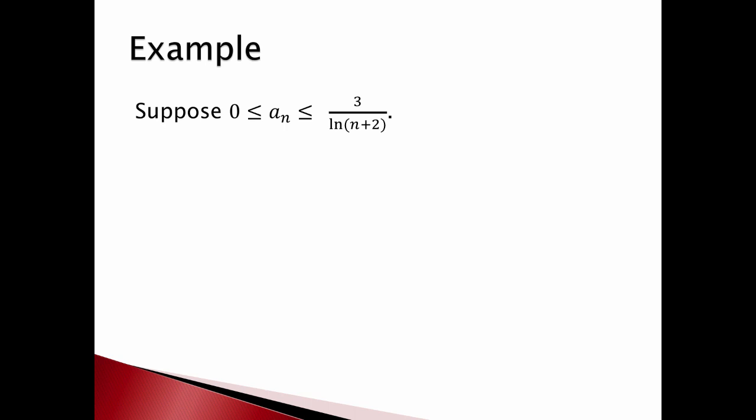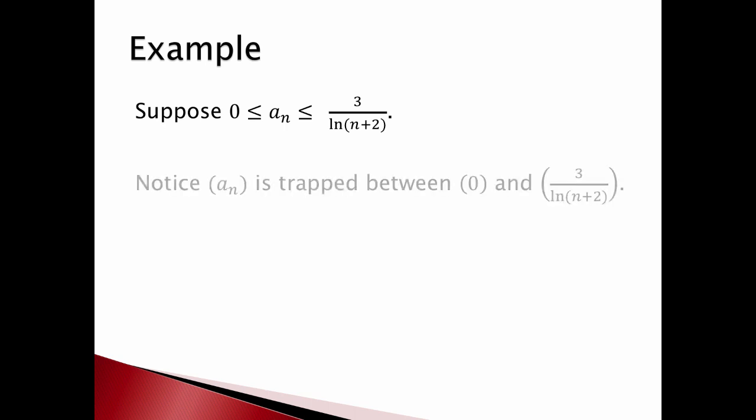Well, what do we do with that? How can we use the squeeze theorem? Well, it's really trapped between two sequences. Now, the 0 doesn't necessarily look like a sequence, but we could make it one by making a list that was just 0, 0, 0. The first term was 0, the second term was 0, the third term was 0, and so on.